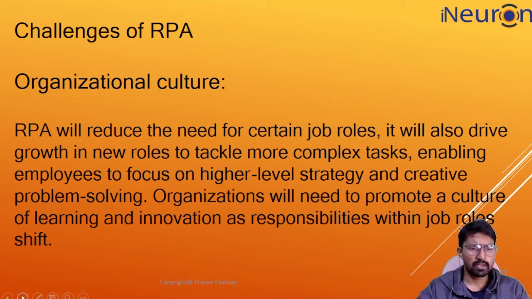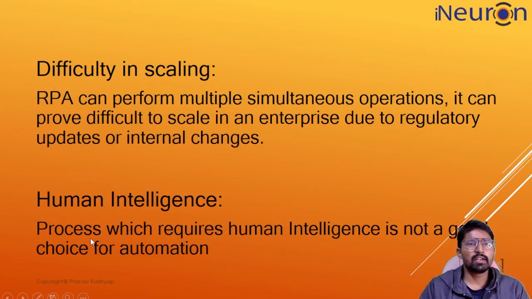Now moving to the next slide, we call it difficulty in scaling. RPA can perform multiple simultaneous operations, but it can prove difficult to scale in an enterprise due to regulatory updates or internal changes.